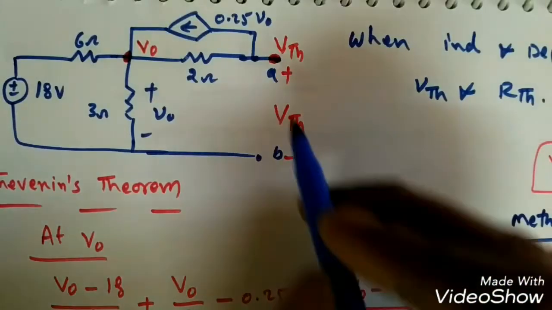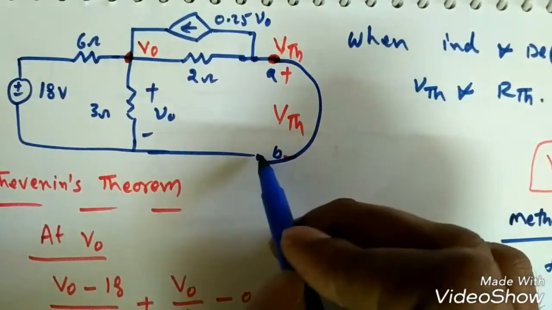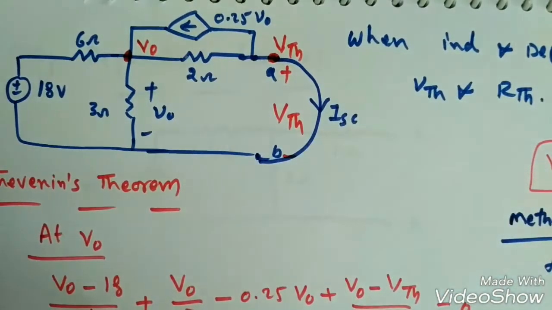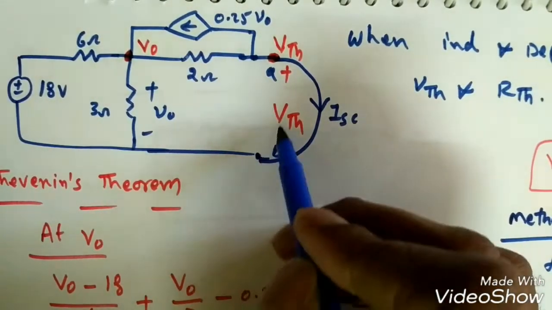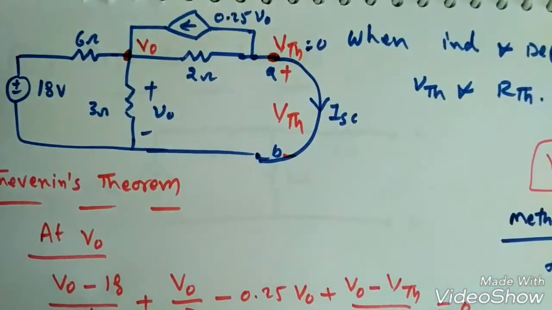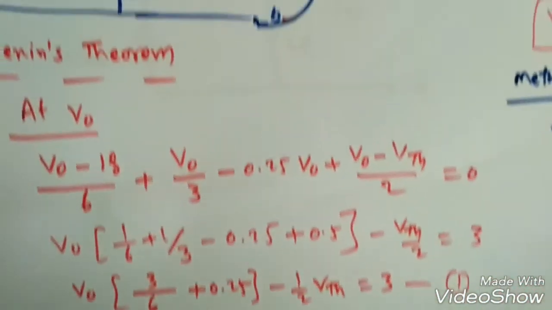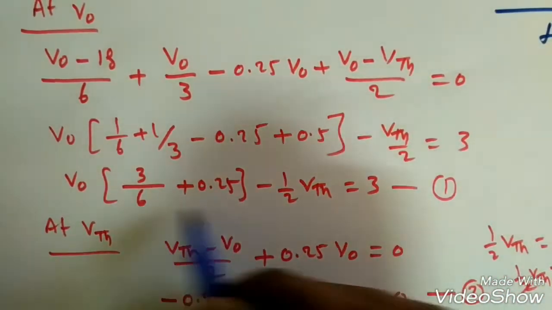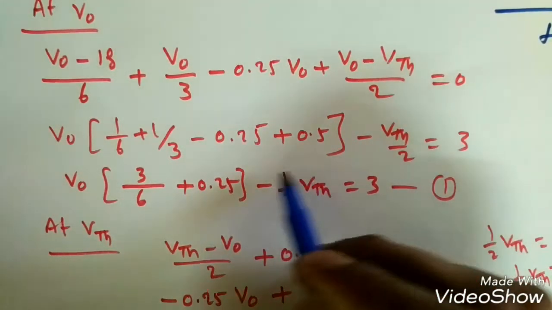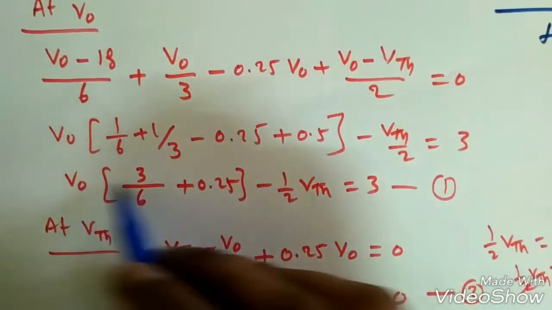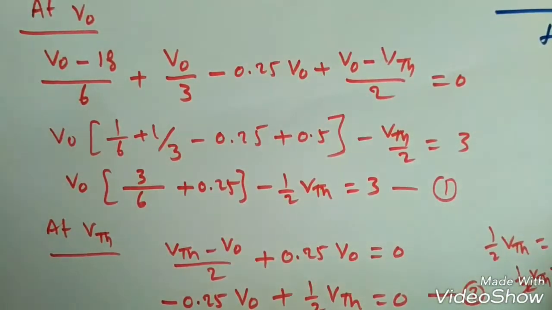Now how to find it? If I make a short circuit like this, this is the ISC. Now when we make the short circuit, VTH becomes 0, right? Now we already derived the expressions. In the first expression, if I substitute VTH as 0, I will get V0, and once I get V0, I will get the ISC.